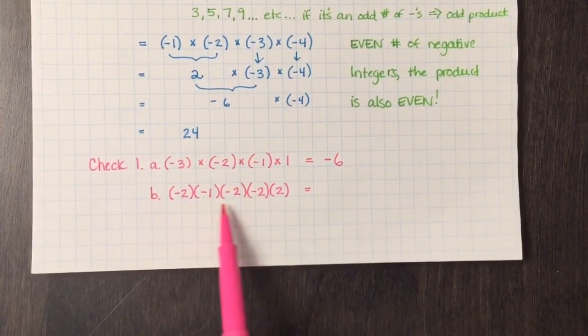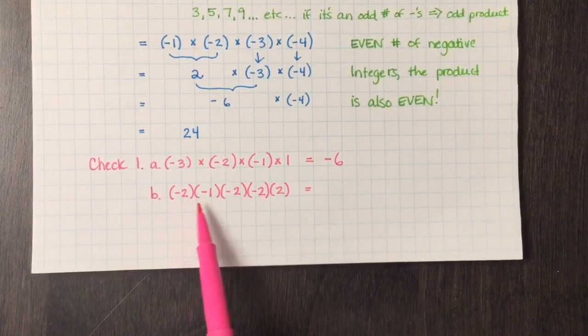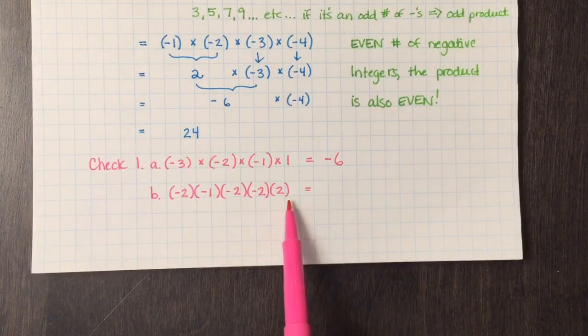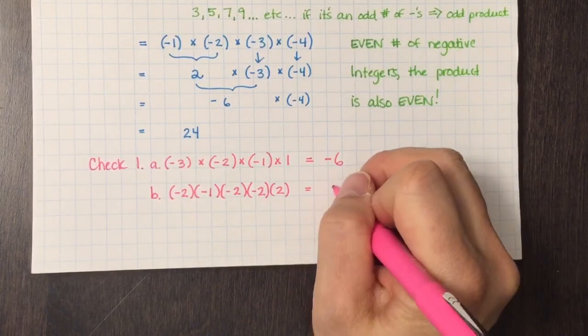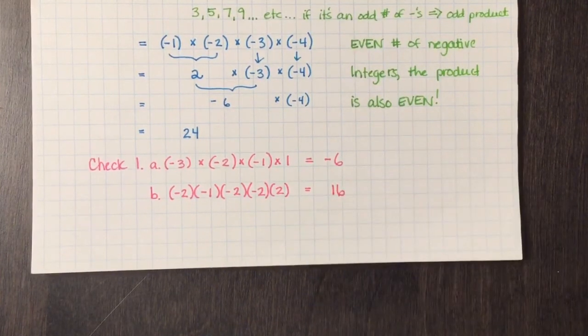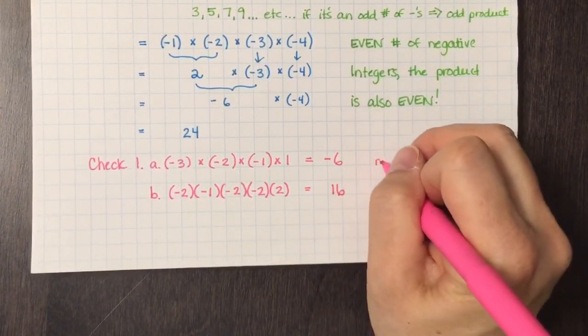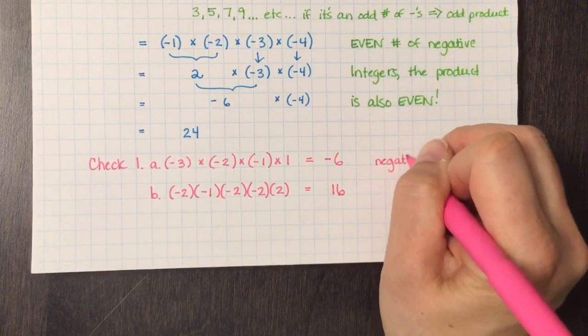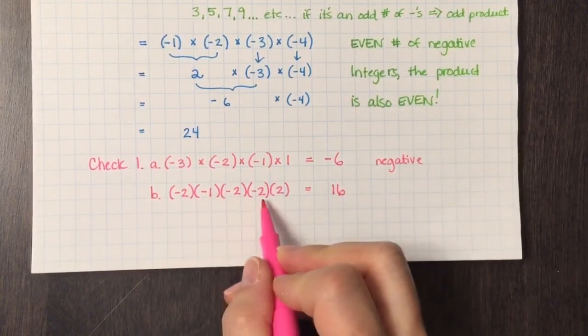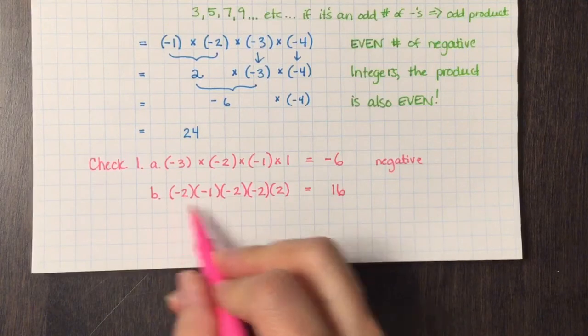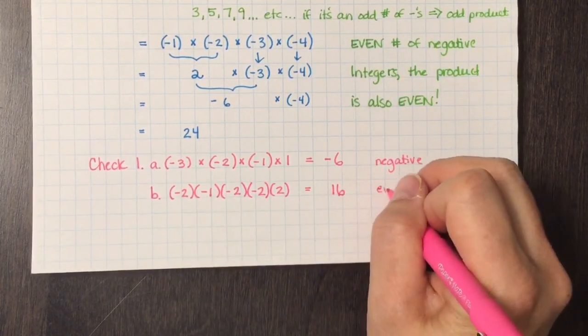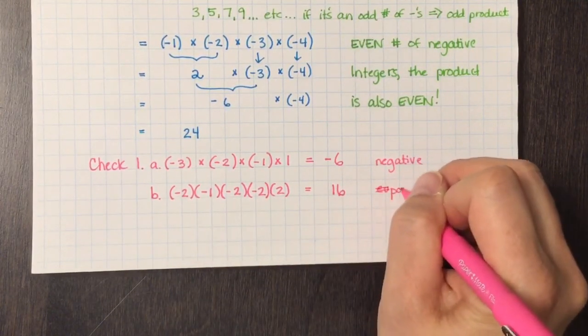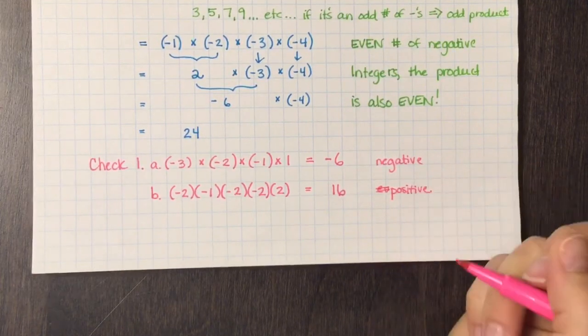So what would be the product of this equation? Right on, it's positive 16. So the previous one was negative because we had an odd number of negative integers, and here we have an even number of negative integers. We have 4 of them. So our answer is going to be positive.